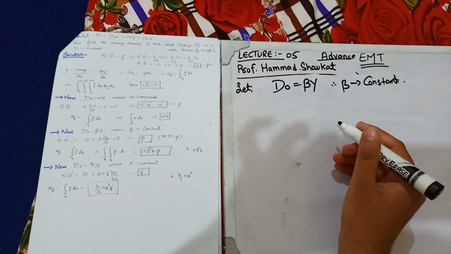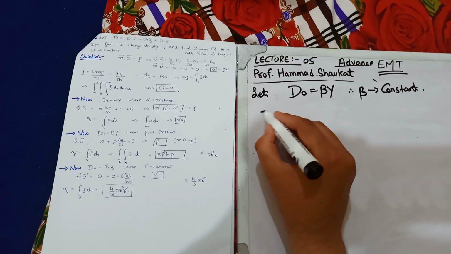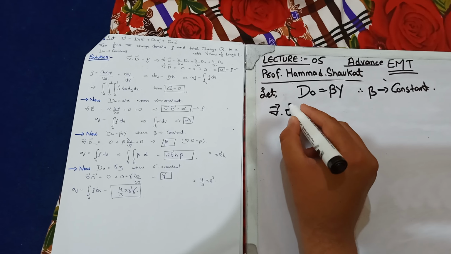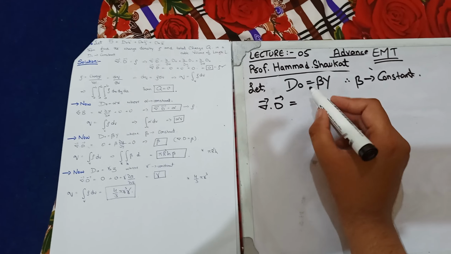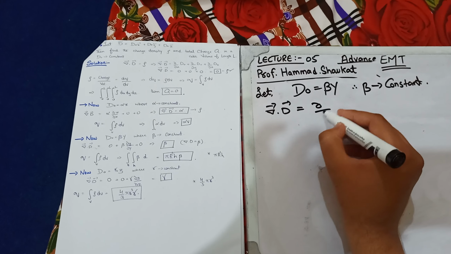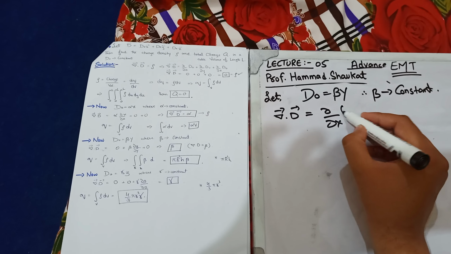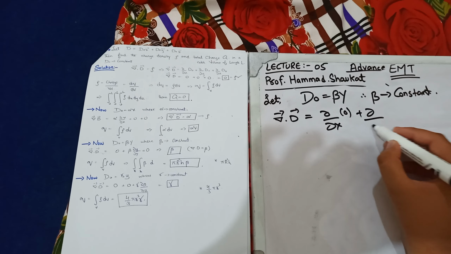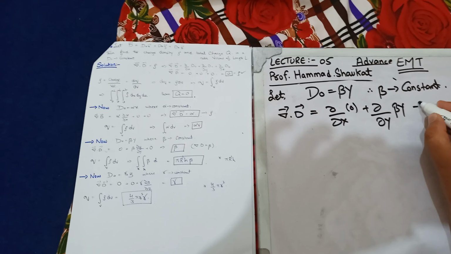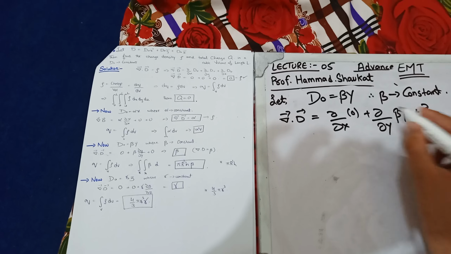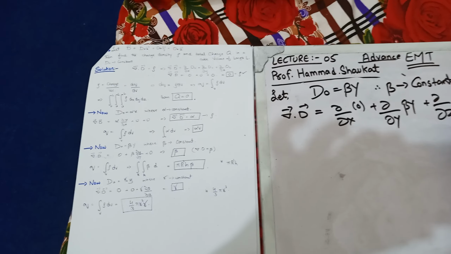Now what you have to do here is again take del dot D, which equals partial by partial x, there is no x component, so 0, plus partial by partial y, yes there is a y component, beta y. Again partial by partial z, there is no z component in D, so it's 0.